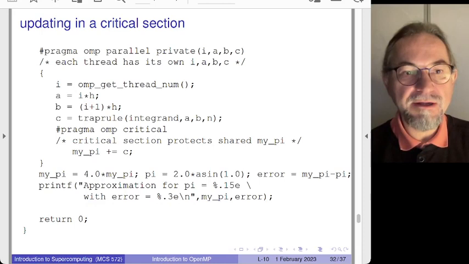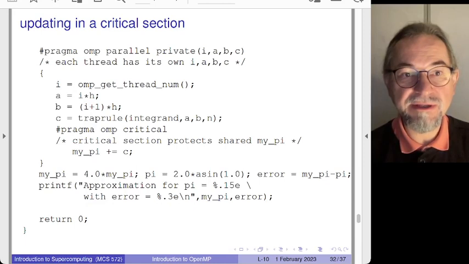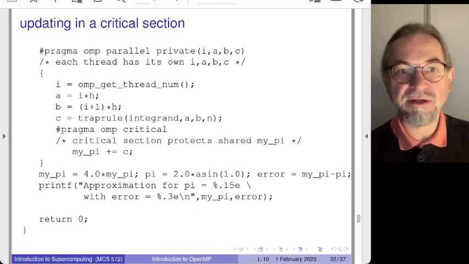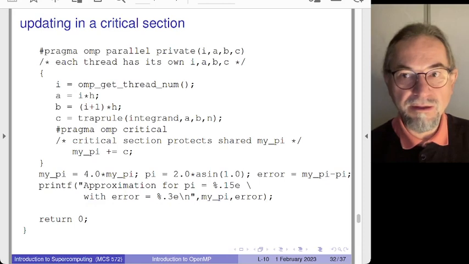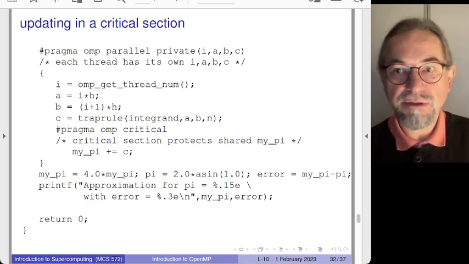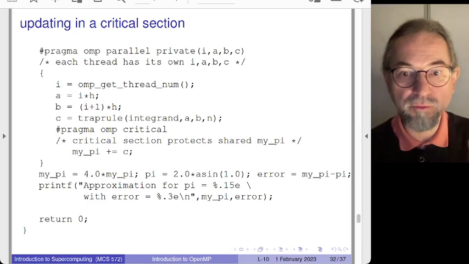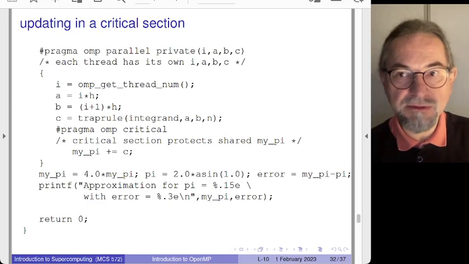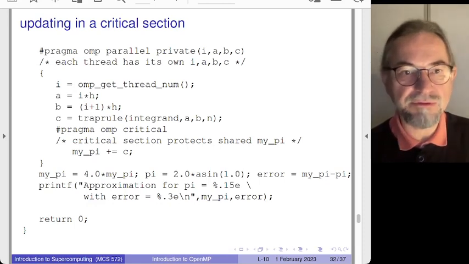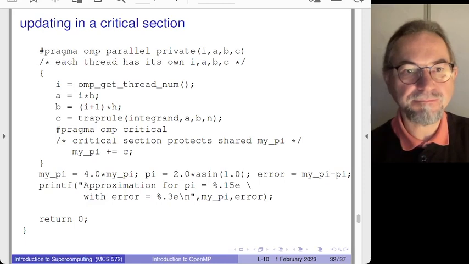But actually, what gets computed is that every thread computes its thread number. Based on the thread number, we know the integration interval. I said wrongly that the I is the counter. No, it's not. We have the lower and the upper bound in the integration interval, and the H is here 1 over P, where P is the number of threads.